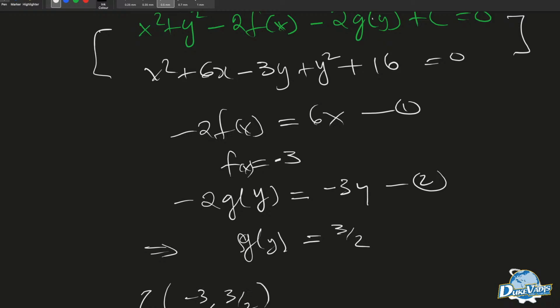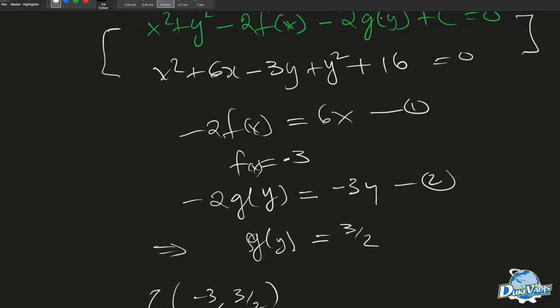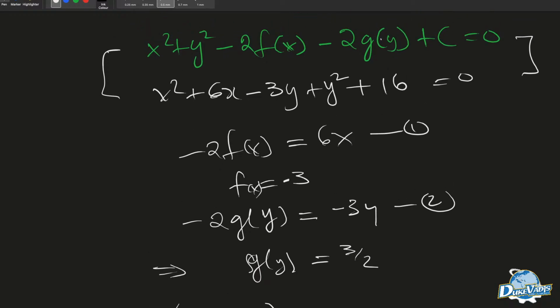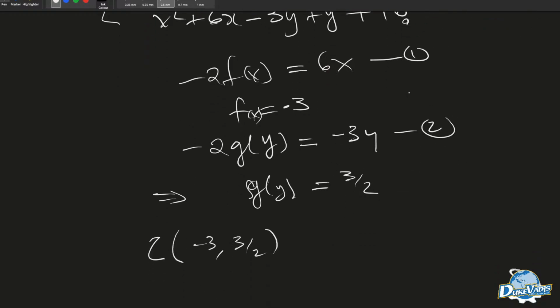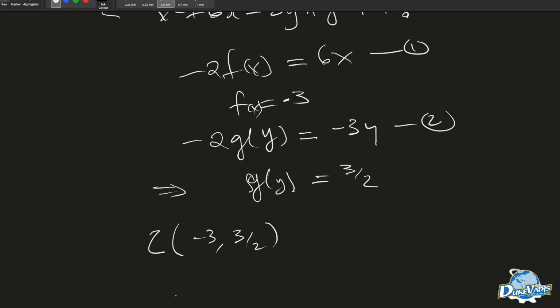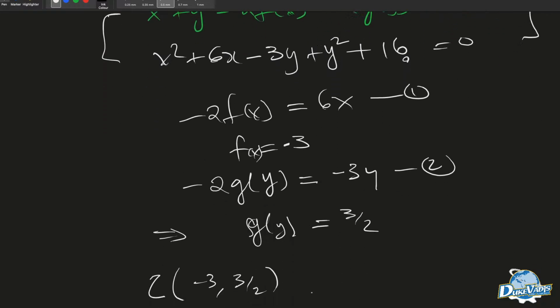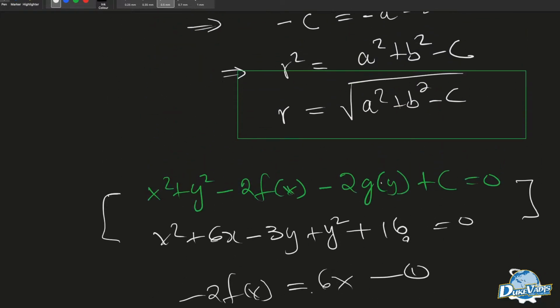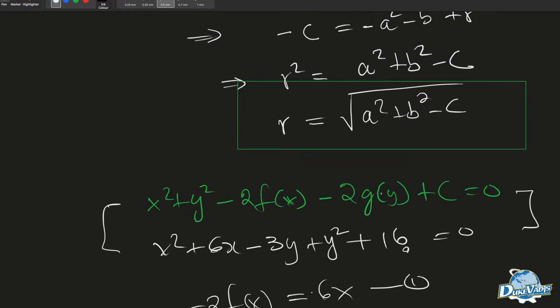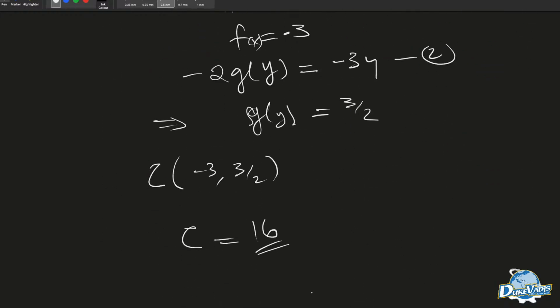Now, if I look at the equation, I can see the value of C here, the constant, is 16. Therefore, if I want to find the radius, I can use this equation: a squared plus b squared minus c. So r squared is equals to a squared plus b squared minus c.